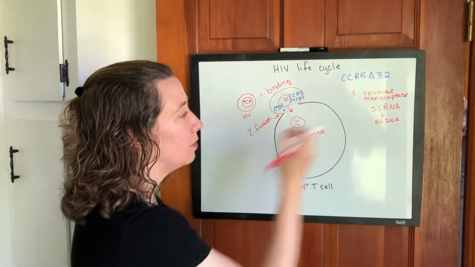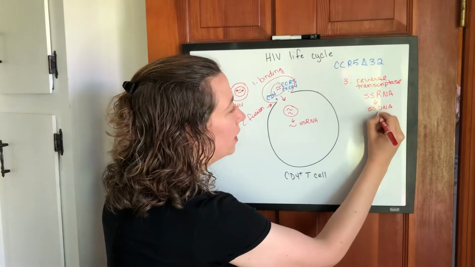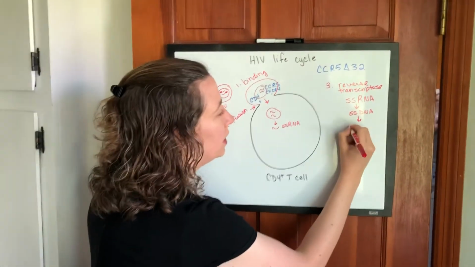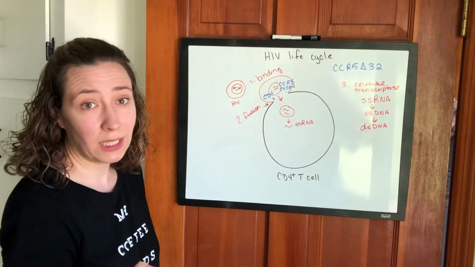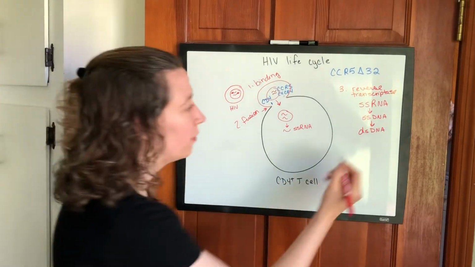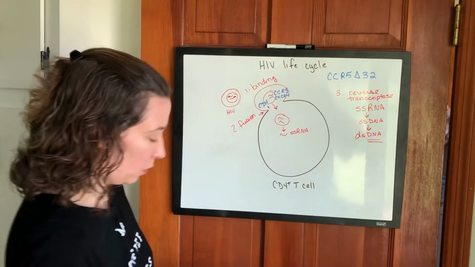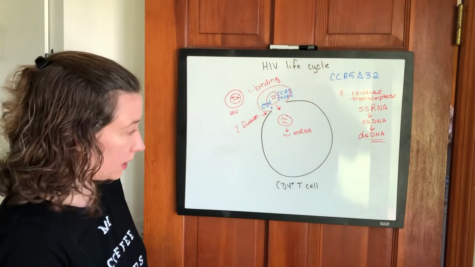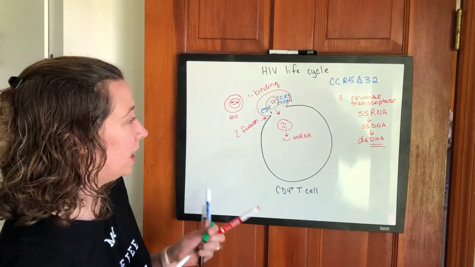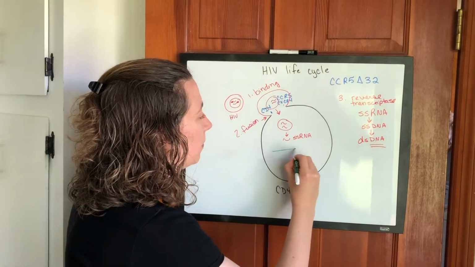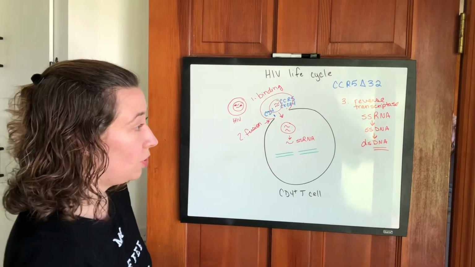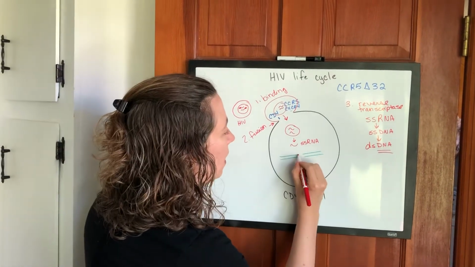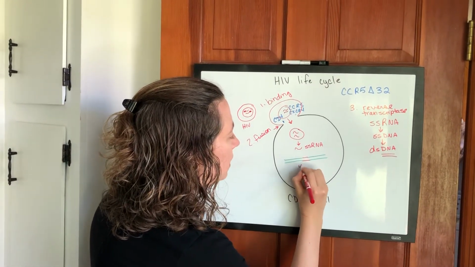You end up actually with an RNA-DNA hybrid right here, and then you can go from single-stranded DNA to double-stranded DNA. Now, double-stranded DNA is what our host cells have. And so at this point, what happens is you would actually get integration of that double-stranded viral DNA into our host cell genome. And so this is step 4.